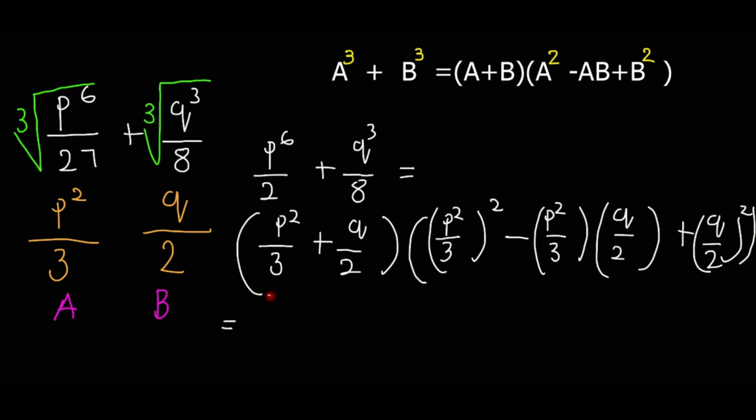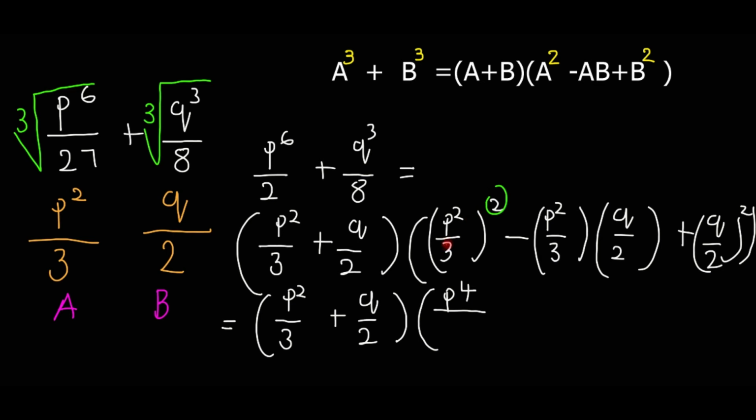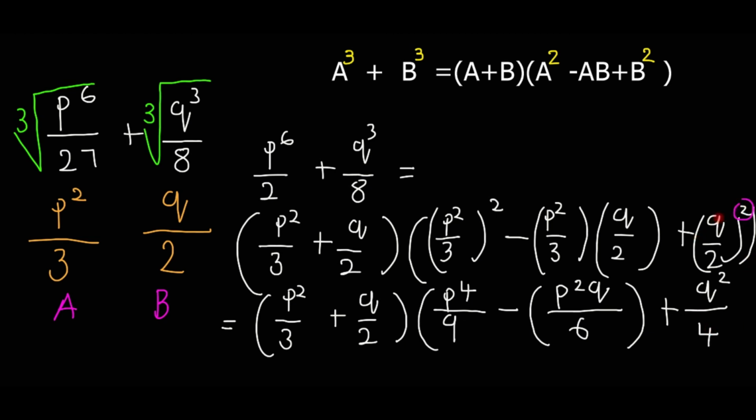and then from there re la gore re na le p squared over 3 plus q over 2, and then now re simplify this one, loss of exponents, re la gore this is 2 times 2, and then re la gore ro ba le p to the power 4, and then remember gore this squared tsamaya again le this 3, re la gore yo ba 3 squared, so 3 squared ke 9, and then from here p squared times q in order for p squared q, and then 3 times 2 ke 6, and then for this one ro ba le q squared divided by 4, because this 2 ke this one, and then ke this one, so this is 2 squared, that is why re na le 4.